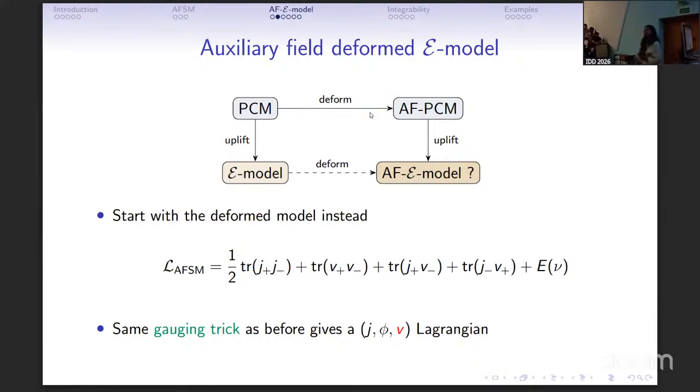So instead of starting with the PCM, we start with the deformed model, and then perform the same gauging trick as before, which will now give us some Lagrangian. Instead of just J and phi, it would have the auxiliary field V present in it as well. And then we try and interpret that at the Drinfeld double level and what that action would look like.